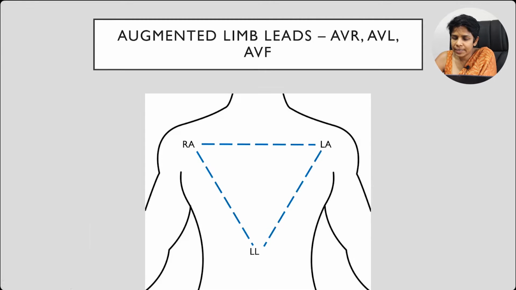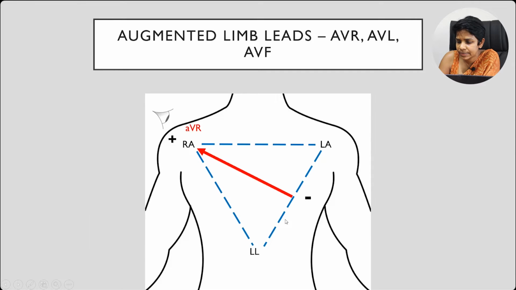In the same way, we have 3 other limb leads. These are called augmented limb leads, AVR, AVL and AVF. Here, one electrode is used to record the electrical activity compared to the sum of the electrical activity of the rest of the 2 electrodes. So AVR looks at the heart from the right upper position, comparing the electrical activity of these 2 leads.